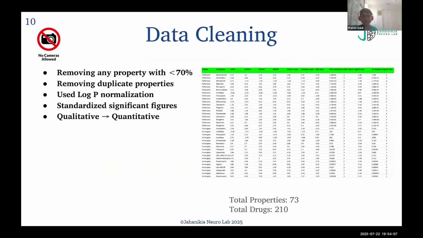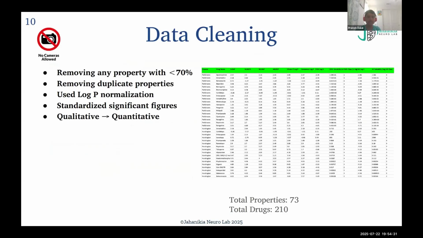To ensure the integrity of our dataset, we used rigorous data cleaning procedures. First, we made sure that properties with less than 70% of the data across all drug entries were excluded to minimize the impact of missing data on model performance. We also removed redundant features to prevent overfitting and dimensional redundancy.